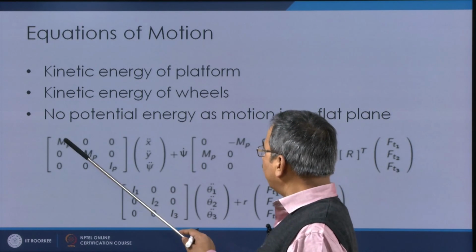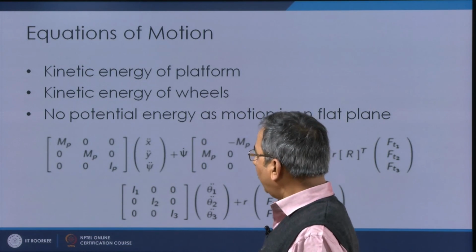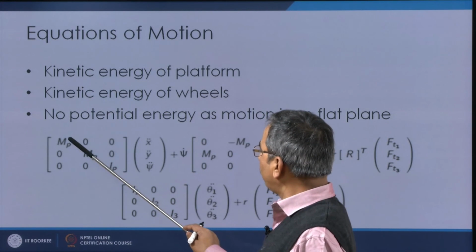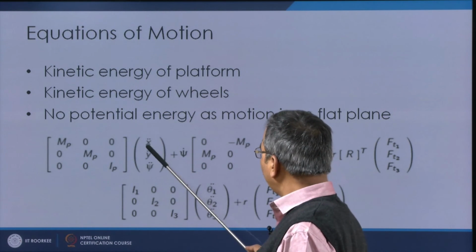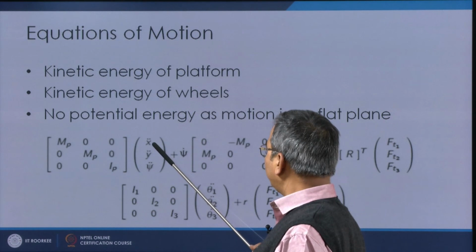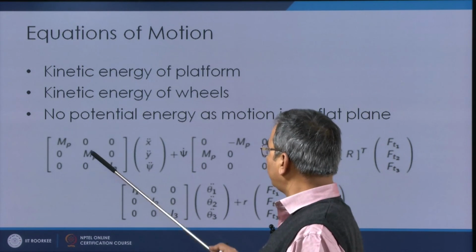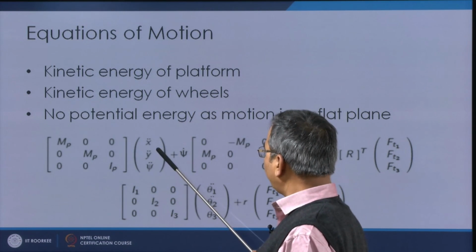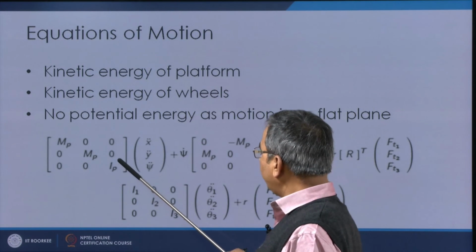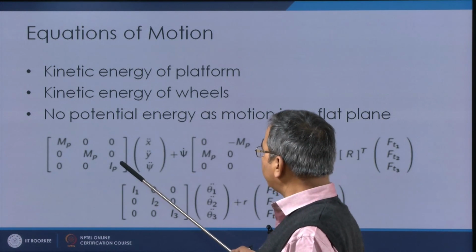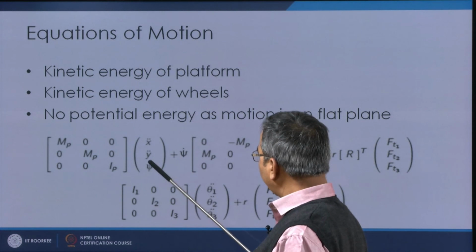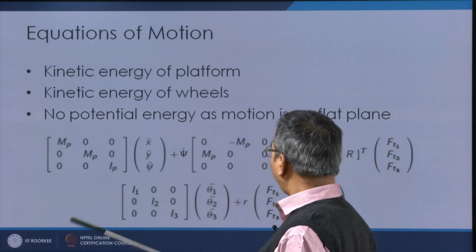Here Mp is the mass of the platform. You have the mass of the platform into the acceleration of the platform in the x direction, likewise the mass of the platform and the acceleration in the y direction, and this is the polar moment of inertia of the platform and the angular acceleration of the platform.